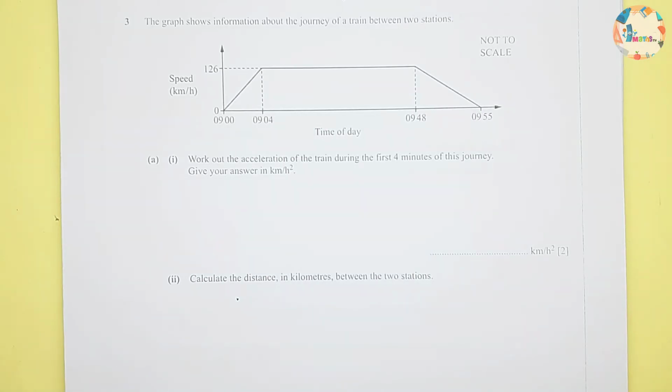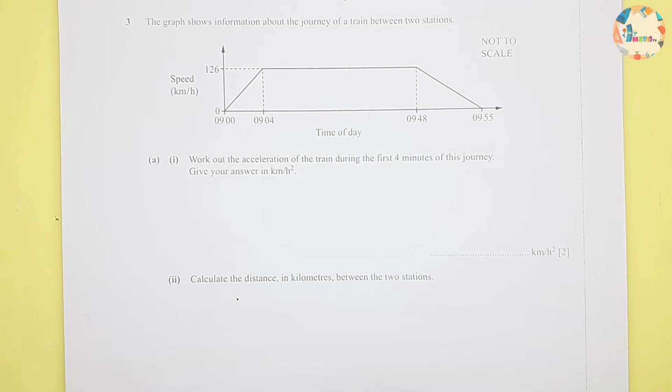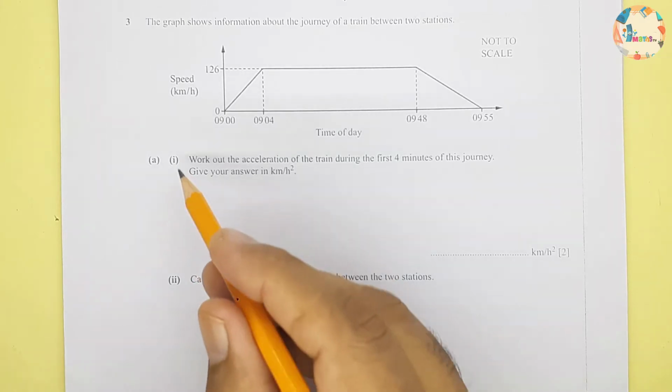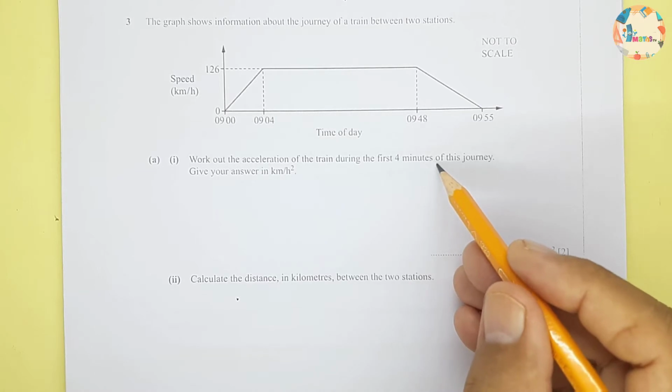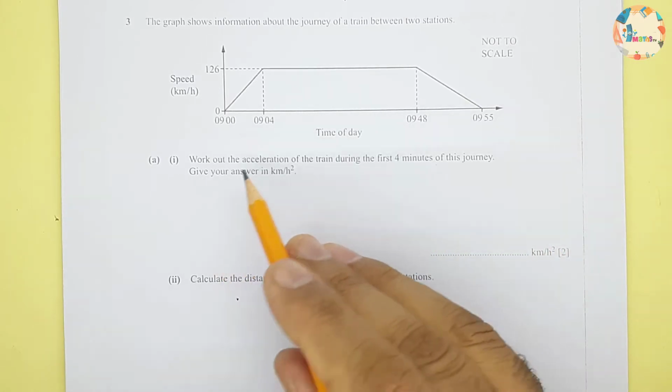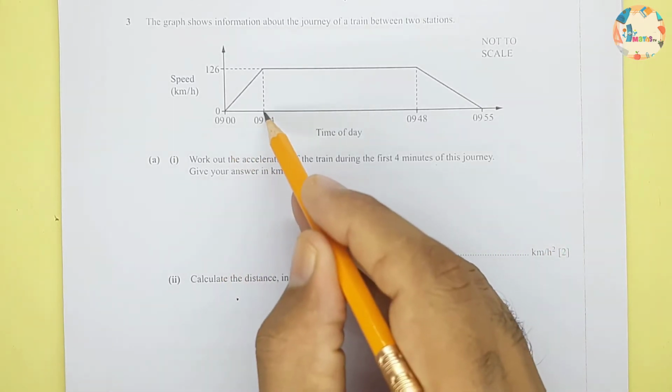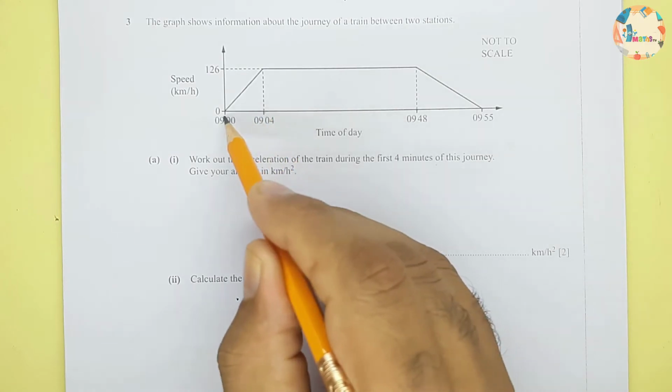Question number 3. The graph shows information about the journey of a train between two stations, and A part, work out the acceleration of the train during the first 4 minutes of the journey. So from 9 to 9:04, this is basically 4 minutes.